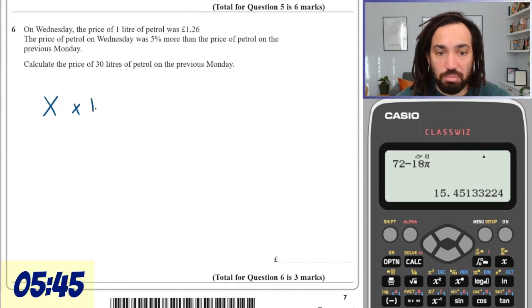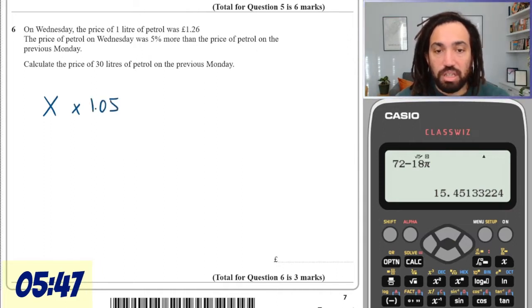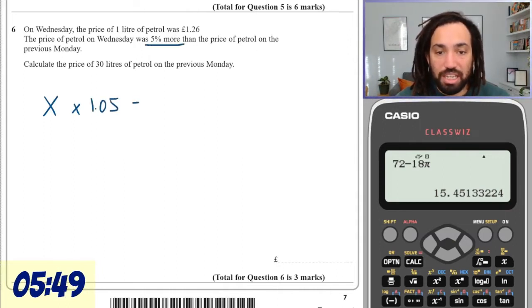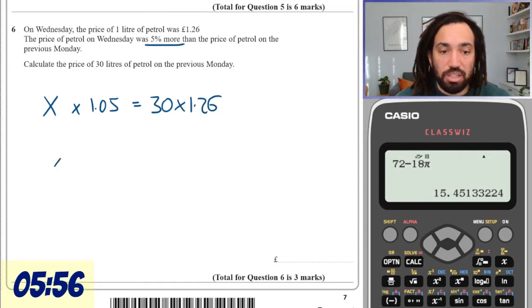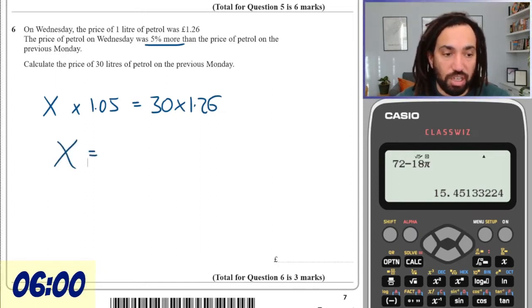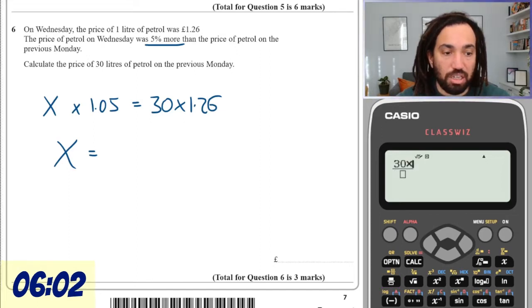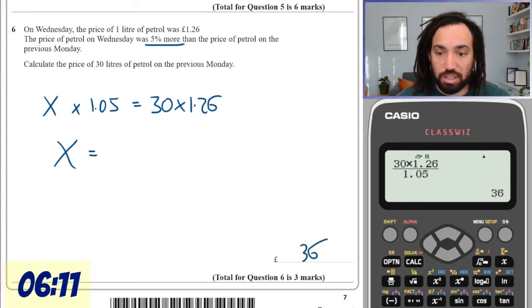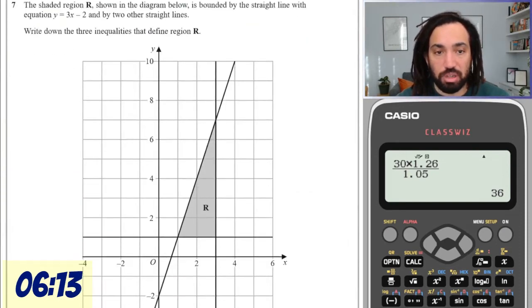That was multiplied by 1.05 because it's 5% more, and that equals the new price, which is 30 lots of petrol times by this. So the old price, capital X, will be 30 times 1.26 over 1.05, which is 36. Okay, good. We don't have to round it, which makes me feel like I got it right.